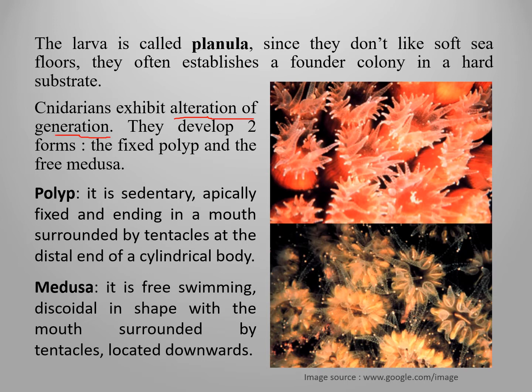The cnidarians have different types of individuals. One is known as polyp, another is known as medusa. The polyp is basically sedentary and sessile, that means they cannot move, they remain attached to some hard substrate, and they remain attached apically, and their mouth occurs at the top, which is surrounded by tentacles.